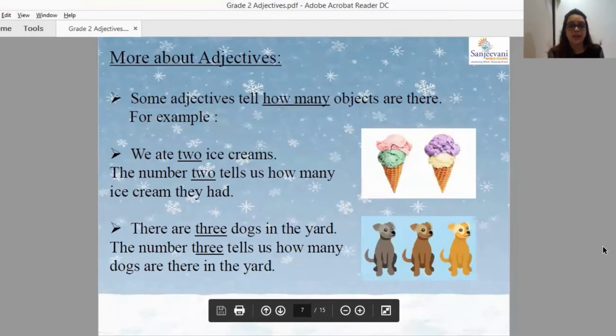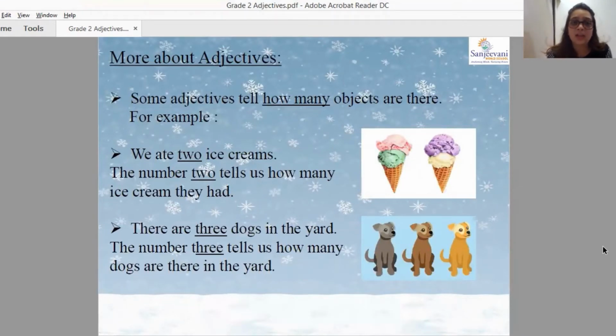More about adjectives. Okay, now let us learn more about adjectives. Now there are some adjectives that tell us how many. What is the meaning of how many? Now how many is basically, I am holding one marker. One marker. So it is telling about the number of markers I'm holding.